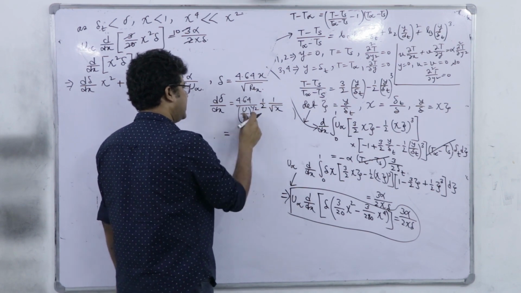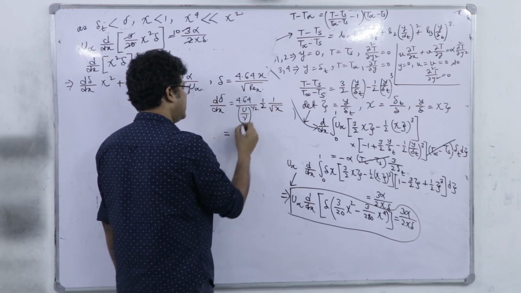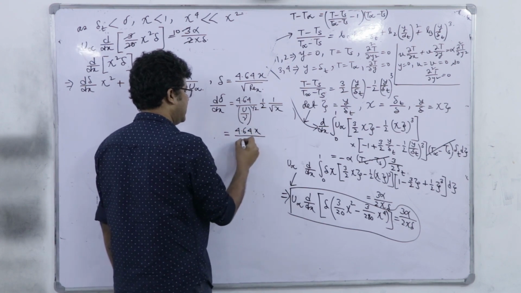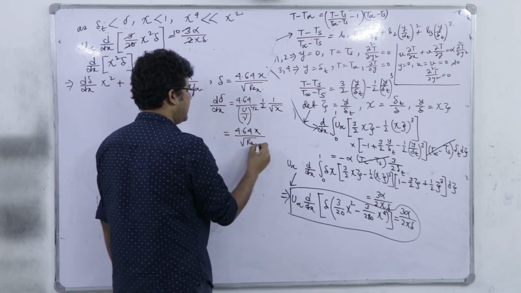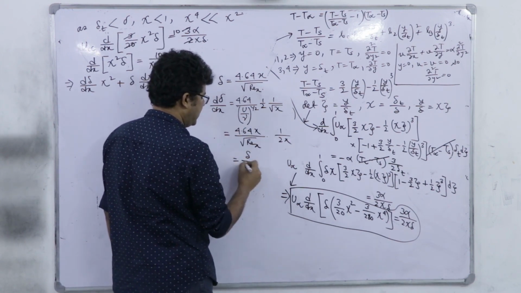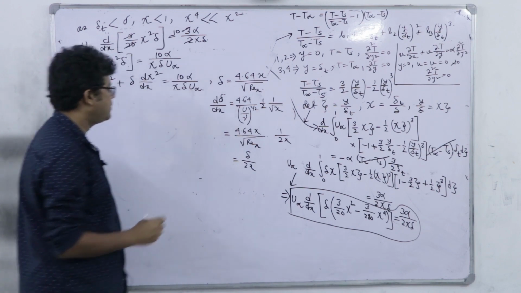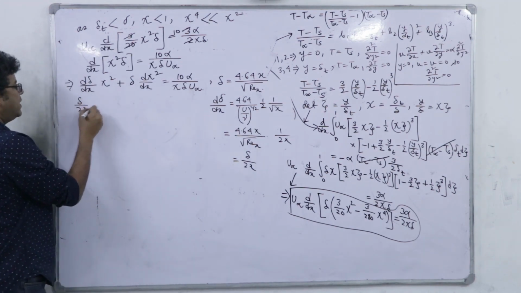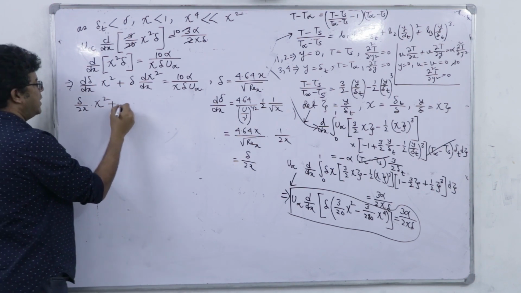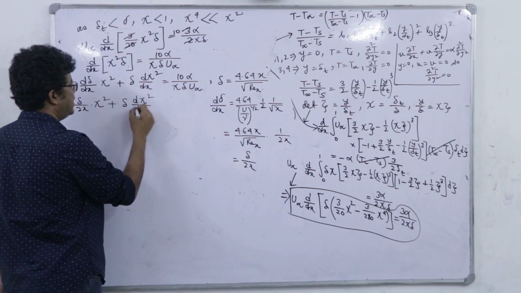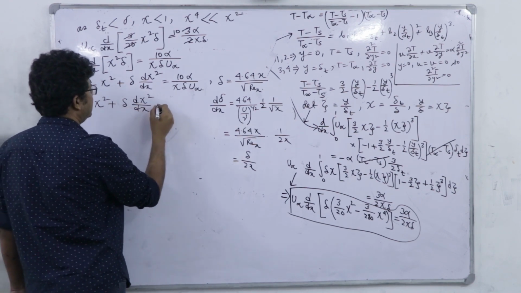So that if I just combine it, 4.64 into x divided by root of Rex, then we will have 1 by 2x. So it is delta divided by 2x, right? So delta divided by 2x into chi square plus delta into d chi square/dx, right?